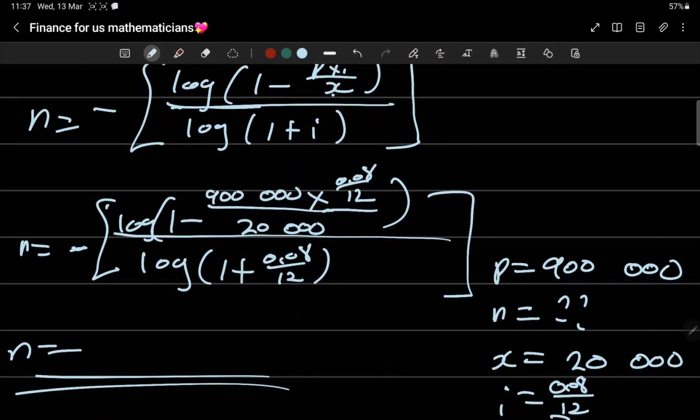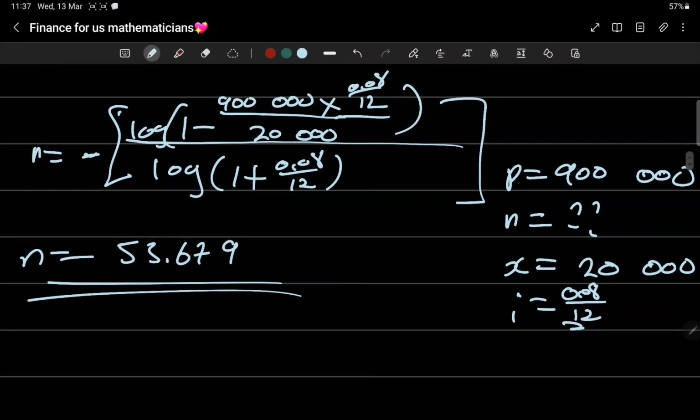Sorry, yes. So: log of 1 minus 900,000 times 0.08 over 12 over 20,000, close the bracket, over log of 1 plus 0.08 over 12. So we get 53.679.